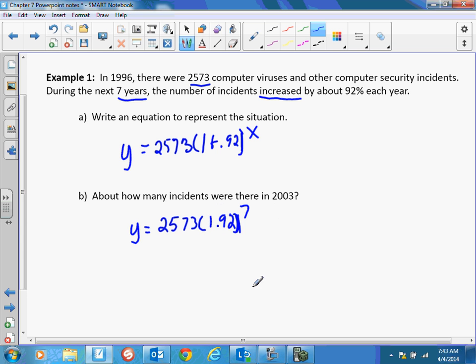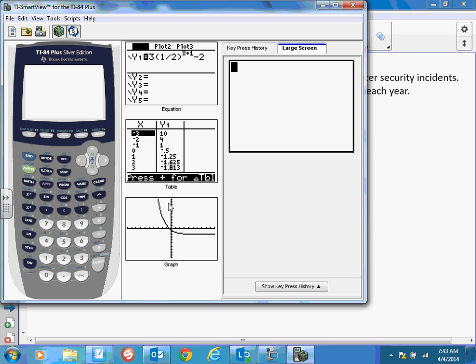You can put that straight in your calculator and get your answer. I'm actually going to do that real quick. 2,573, parentheses, 1.92 to the power of 7. Enter.